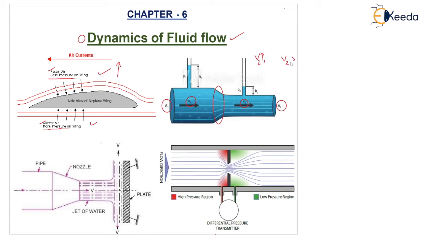V2 is greater than V1. If V2 is greater than V1, then pressure will be less. So you can see the height of water in the column is less compared to P1. P1 pressure is high because velocity will be lower here compared to V2. So high pressure and low velocity here, and in this case P2, low pressure, high velocity.